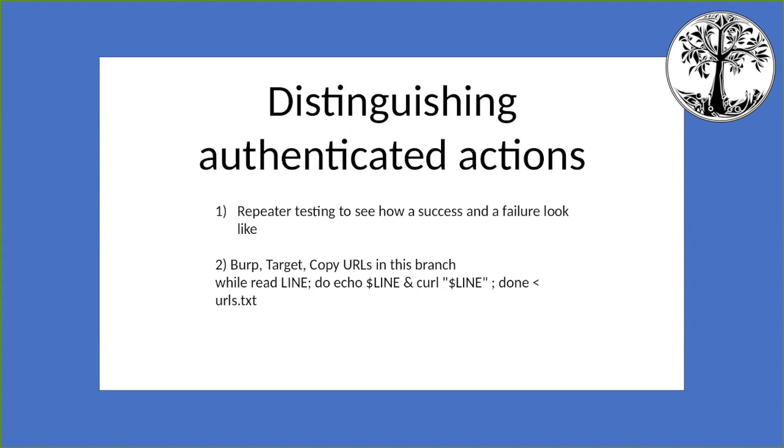Okay, so this is what I mentioned before: distinguishing authenticated actions. Obviously, you need to know what a failure and a success look like. For example, imagine there is an endpoint that, when you make a GET request to it, discloses sensitive information, for example for a router.